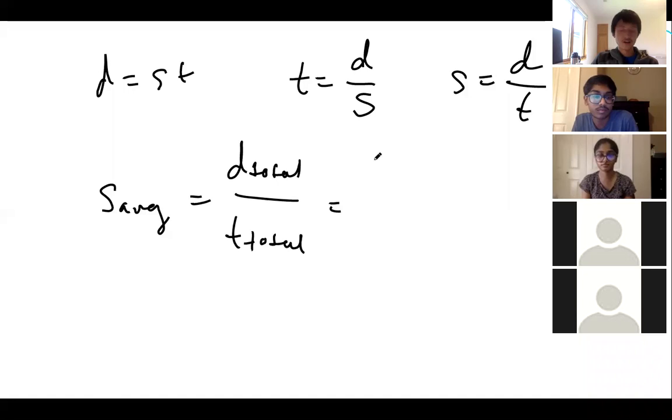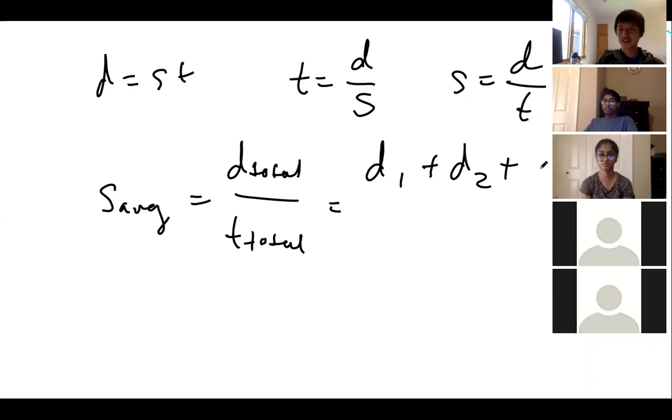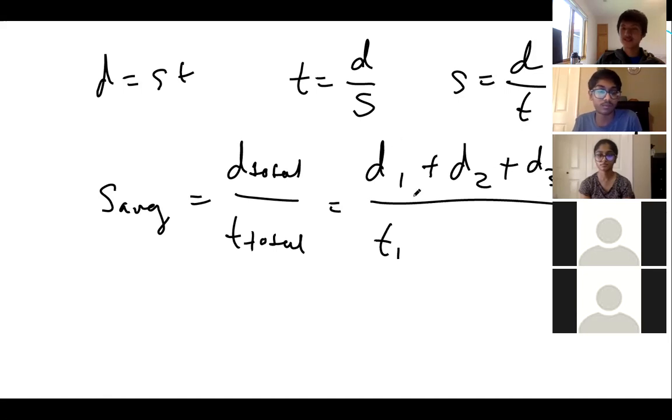And then if your trip is split up into different legs, the first leg being D1, and then the next leg being D2, and so on until Dk, then it's similar. It's the sum of all the distances over the sum of all the times it takes for each part of the journey.